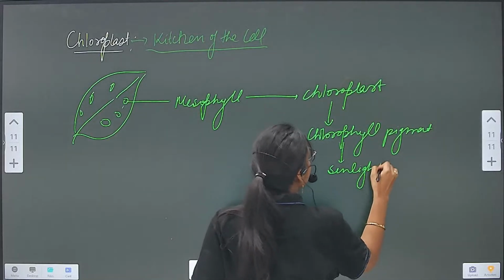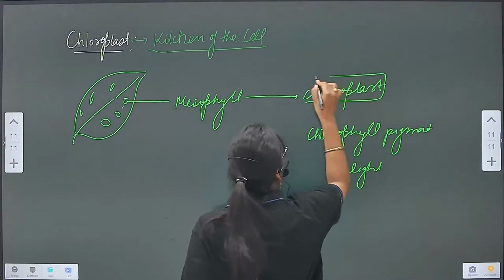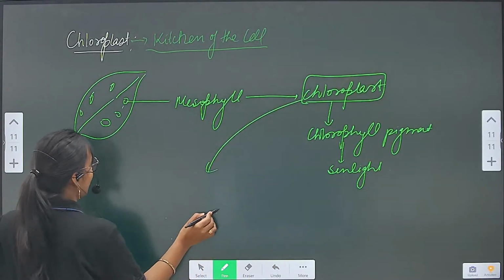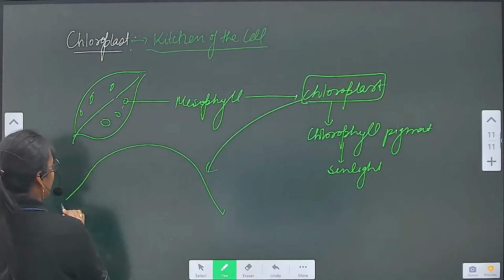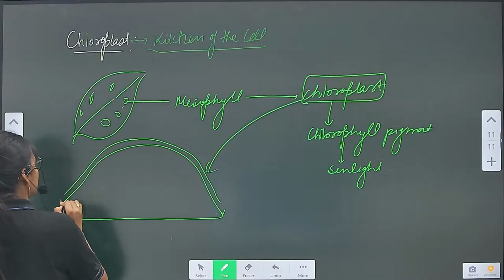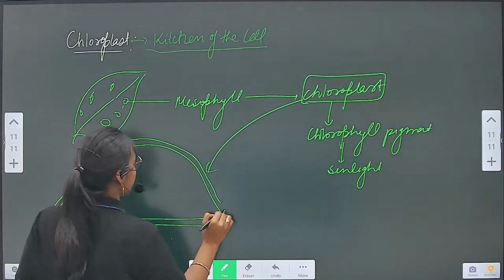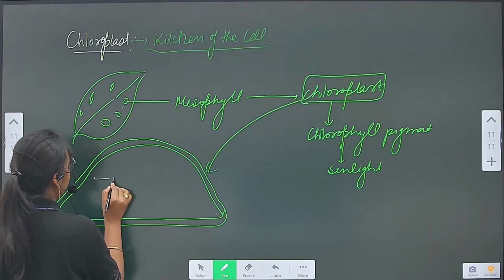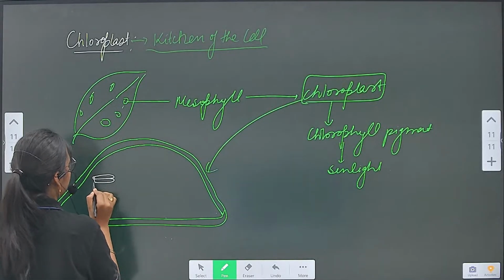Okay, so let us see the structure of chloroplast over here. Chloroplast is a double membrane bound structure like this, which has membranous extensions present inside like this, like this.